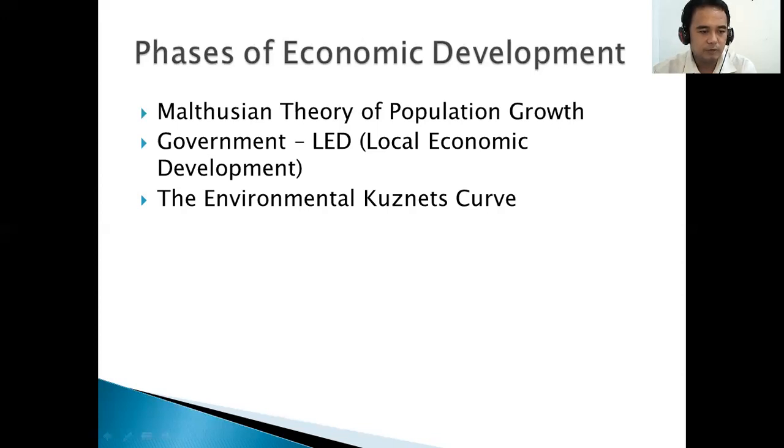More specifically, as the economy grows, initially the environment suffers, but eventually the relationship between the environment and society improves. So that is what the environmental Kuznets curve is pertaining to.